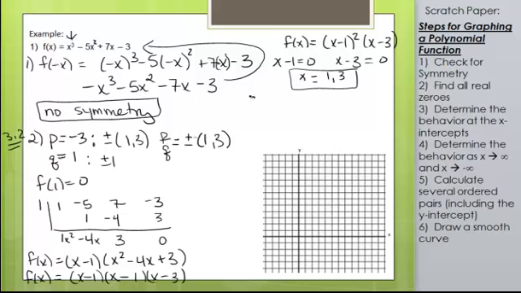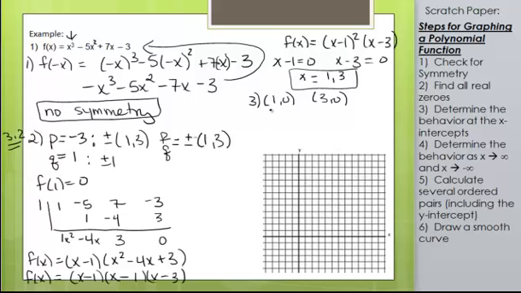So now we have step number 3. Step number 3 says, what is the behavior of the graph at the x-intercepts? The x-intercepts are, from our zeros, (1, 0) and (3, 0). At (1, 0), the exponent on the factor corresponding to that x-intercept is 2.